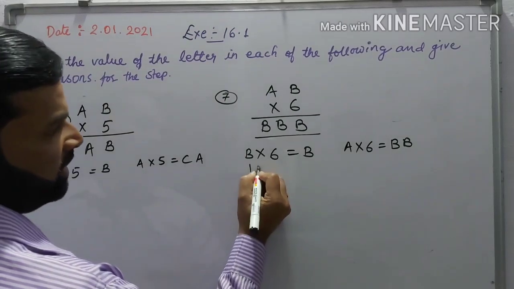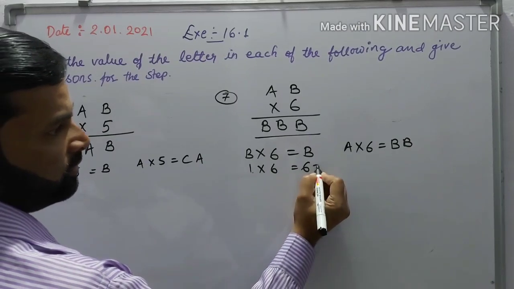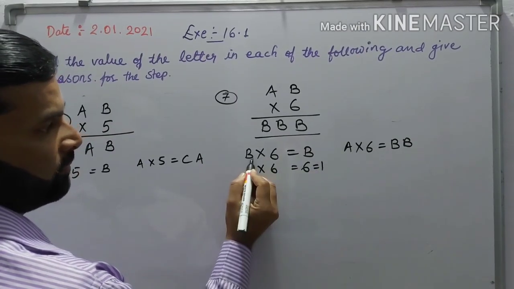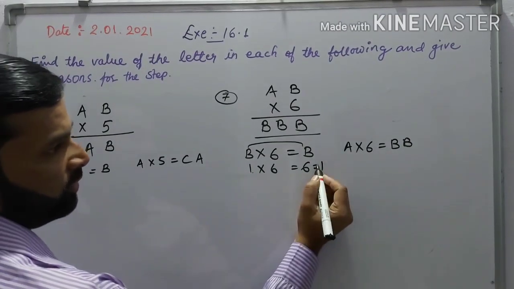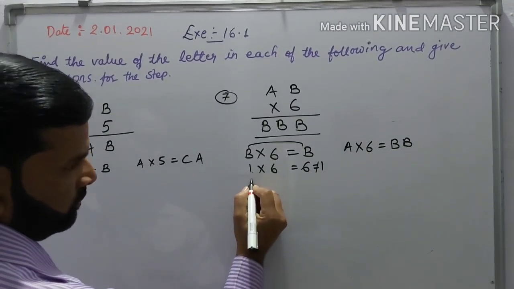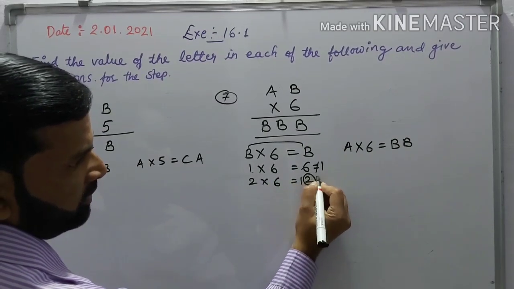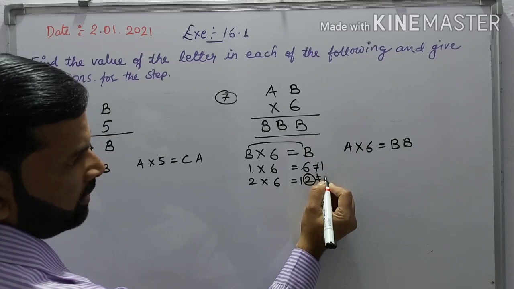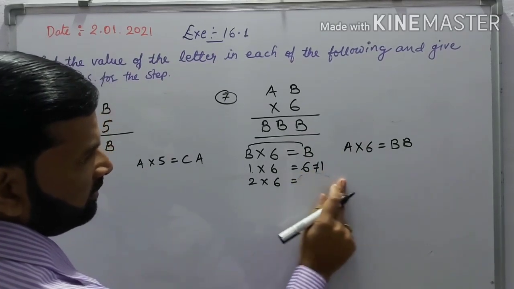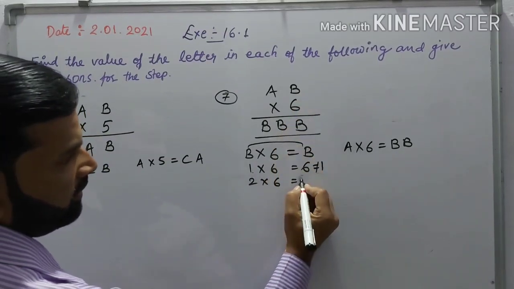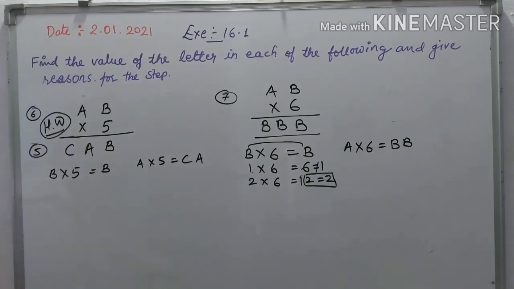Now first multiply 6 is equal to 6, but it is not equal to 1, the B values are the same, so here the B value is 1, so that is not equal to. Suppose 2 into 6 is equal to 12, but 2 is not equal to. See, that is clear, one chance will increase, 6 is 12, is equal to 2.